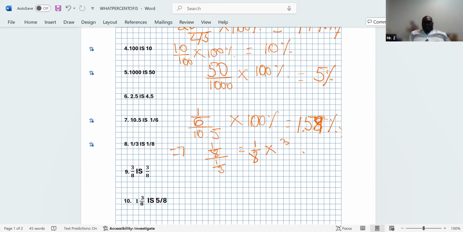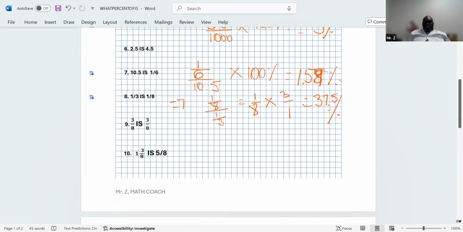So once you flip, you're going to have 3 over 1. But don't forget, you have to multiply that by 100%. It's going to be 3 divided by 8. It gives you 0.375. So when you multiply that by 100%, you have 37.5%.